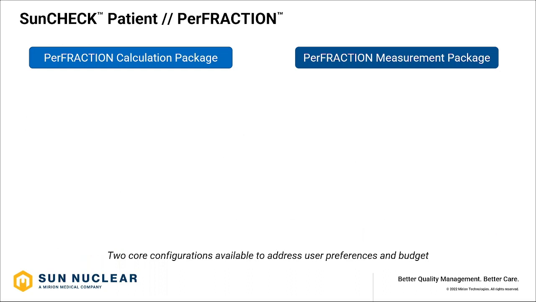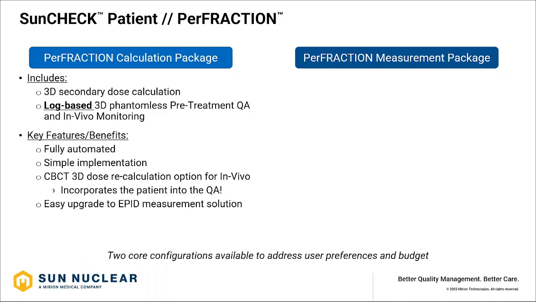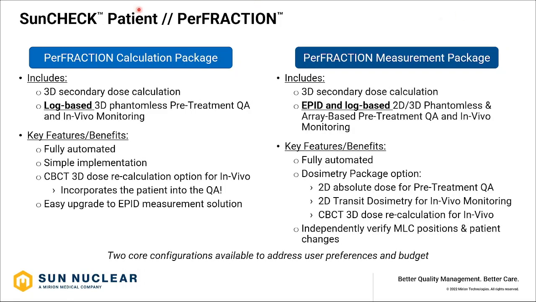Within the per fraction module, we have a couple of options available. So you can either do a log file based pre-treatment QA method as well as in vivo dose monitoring of the patient, as well as perform a complete 3D secondary dose calculation. And this is a fully automated method.